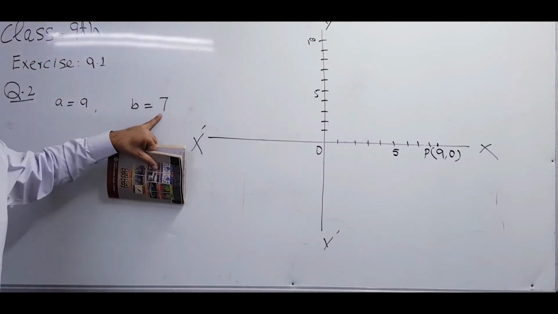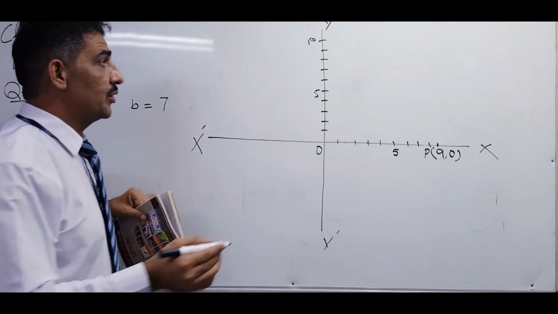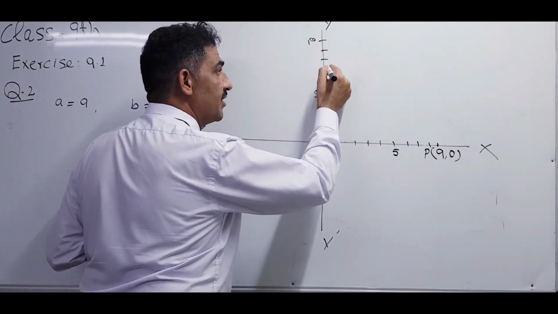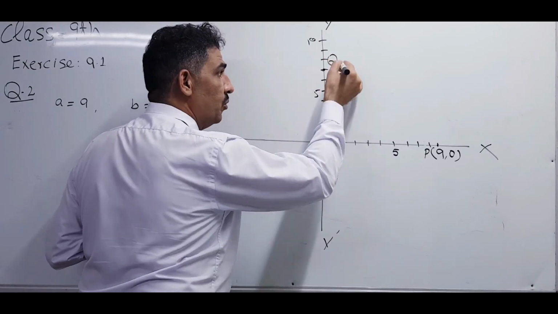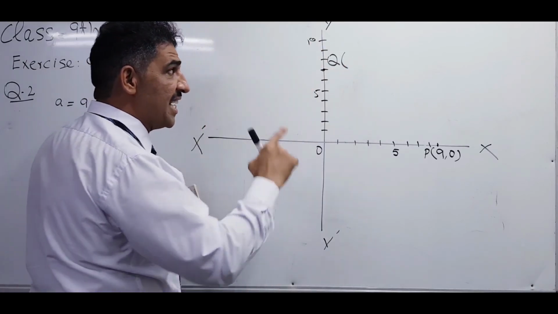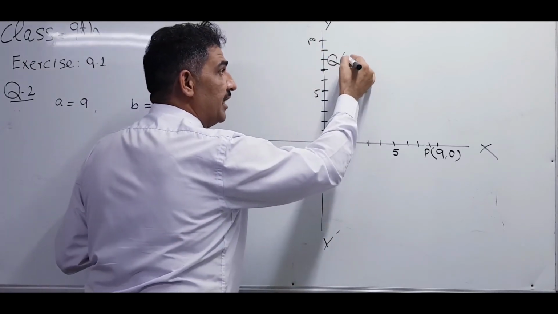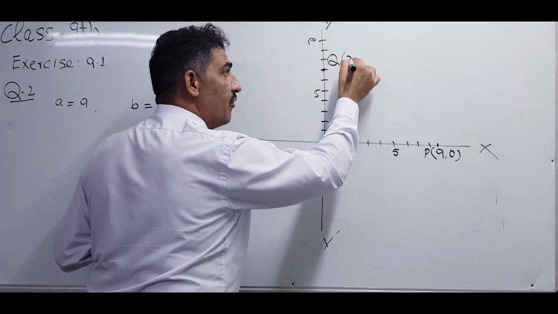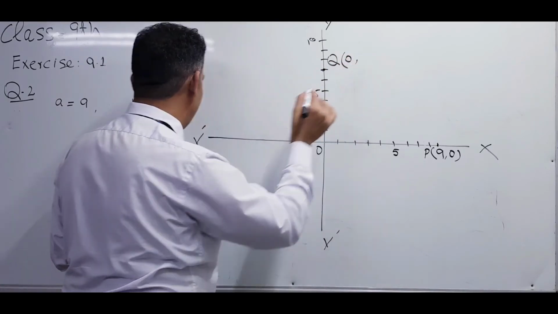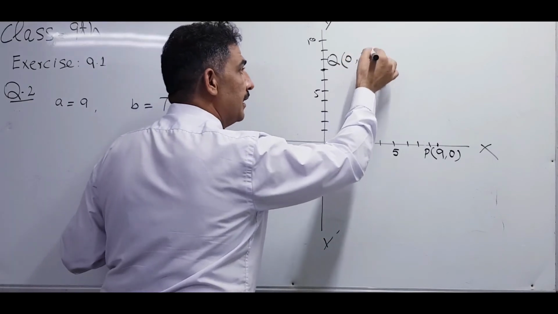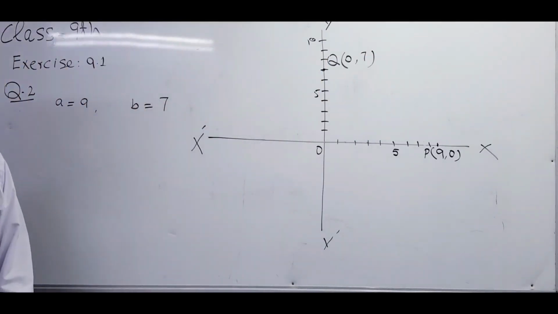He said that the y coordinate is 7. So this is the point Q, and the first coordinate is the x. On the y-axis the value of x is equal to 0, and the value of y is equal to 7, right?